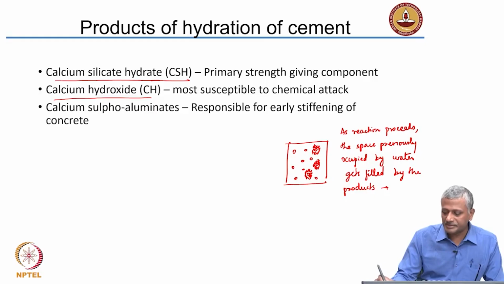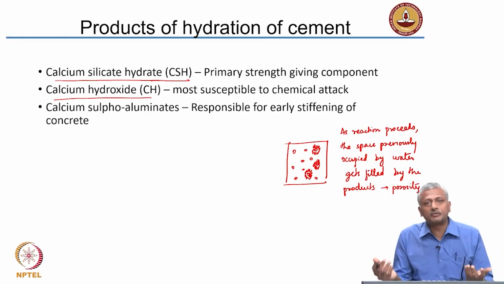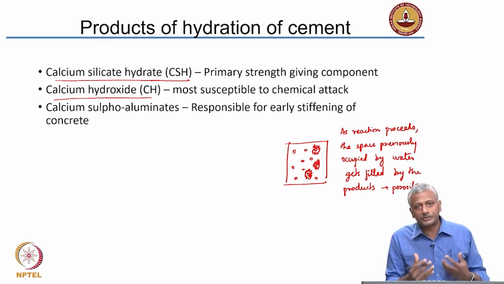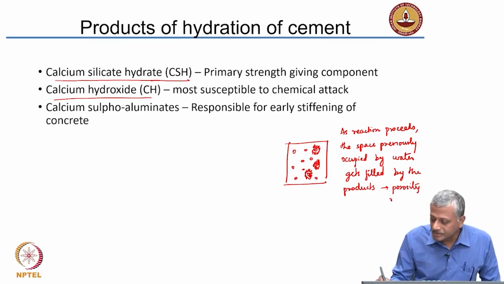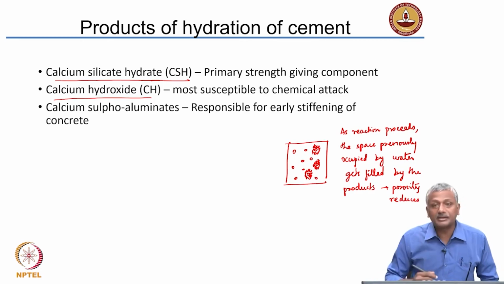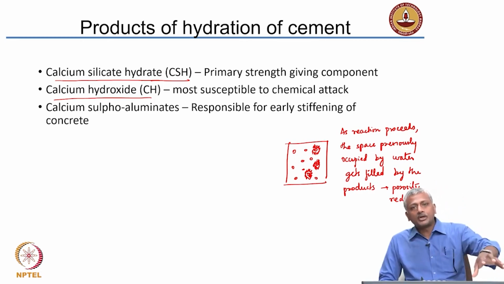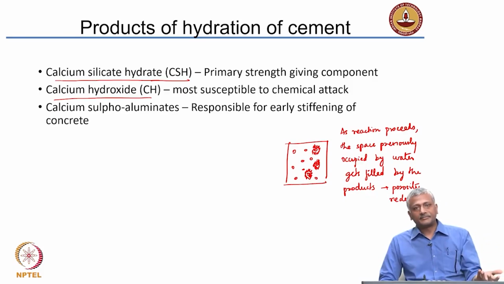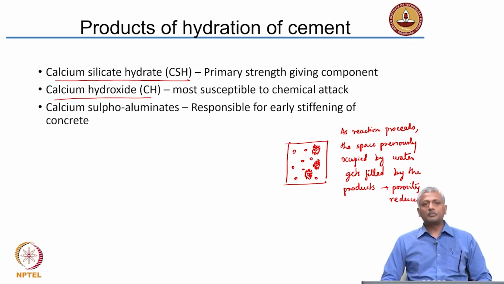What does this mean? This means that the porosity, because space filled with water is basically empty space where there is no solid, reduces as your hydration continues to happen. So any of the solid compounds that reduce the porosity will ultimately lead to an increase in your strength. Okay? So calcium silicate hydrate and calcium hydroxide both cause an increase in your strength because they are contributing to a reduction in the porosity.